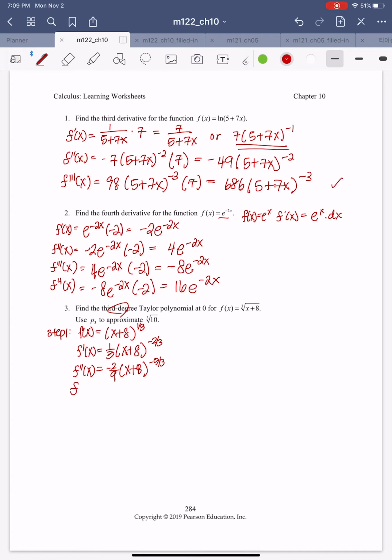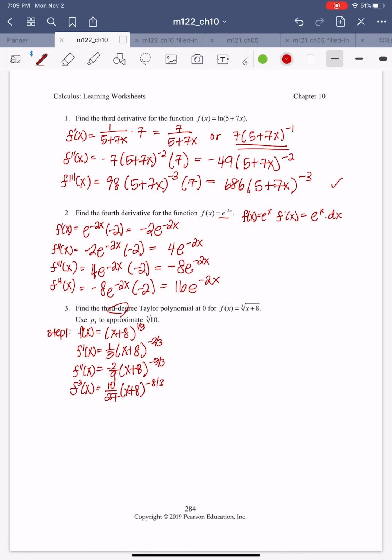The third derivative will be positive because negative times negative. If I multiply these two, I'm going to have positive 10/27, times x plus 8. Subtract 1, negative 8/3.